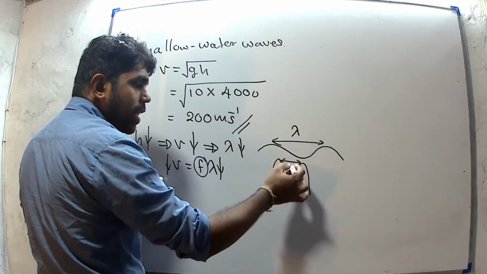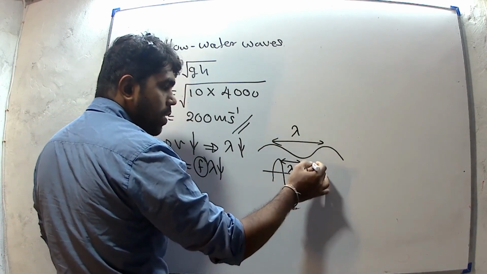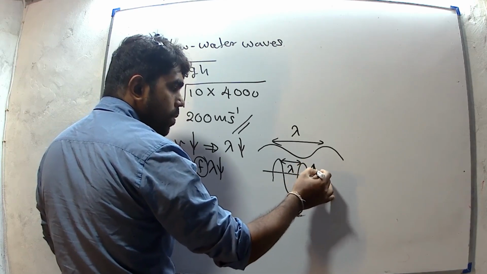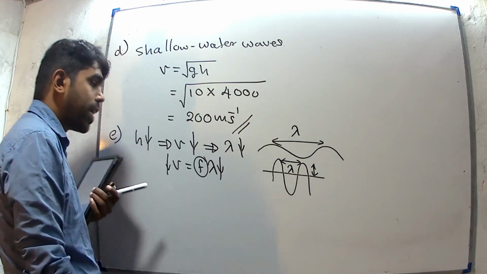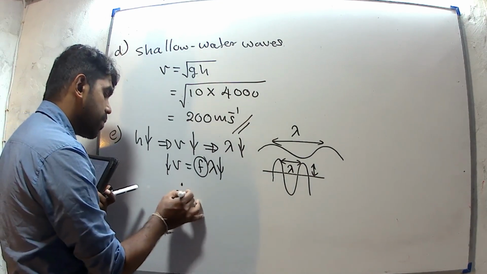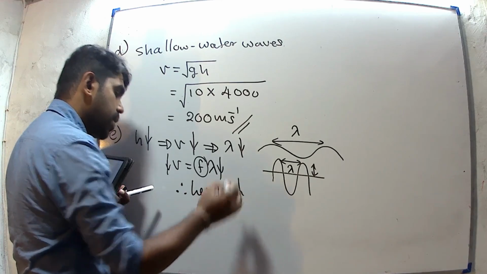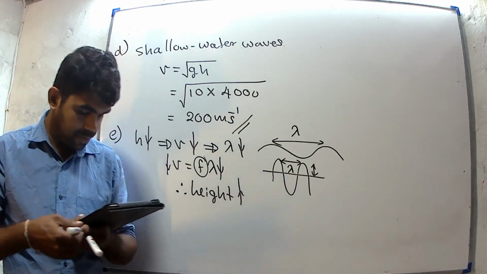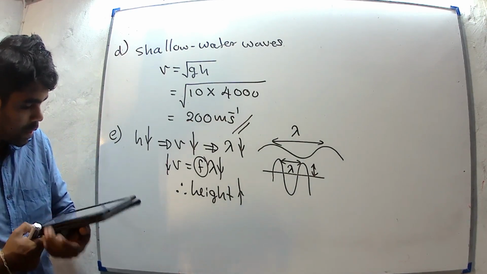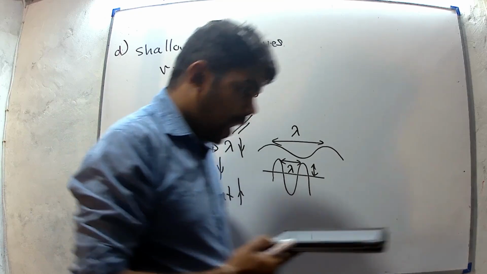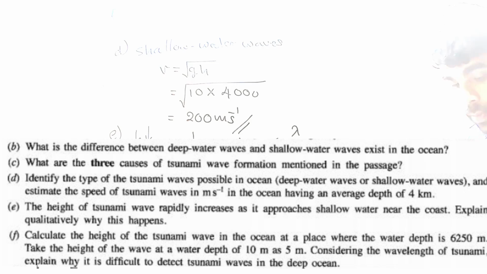When wavelength decreases, the height of the wave should increase. Height means amplitude, so amplitude increases. We can write, therefore, height is increasing. We have to write only qualitatively, which means we can write the answer without calculation.